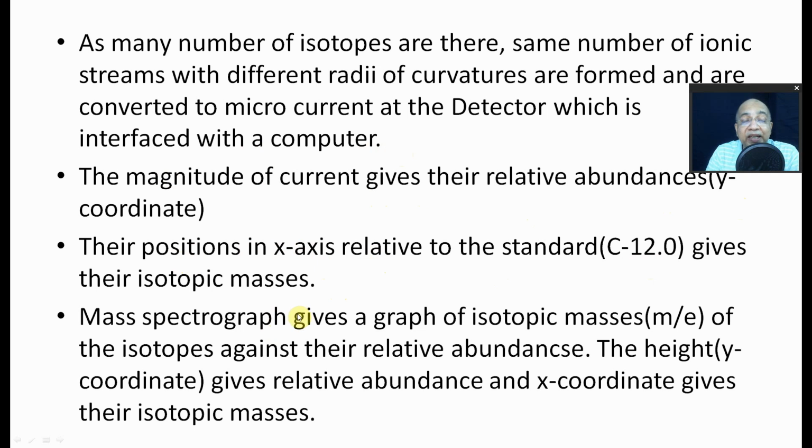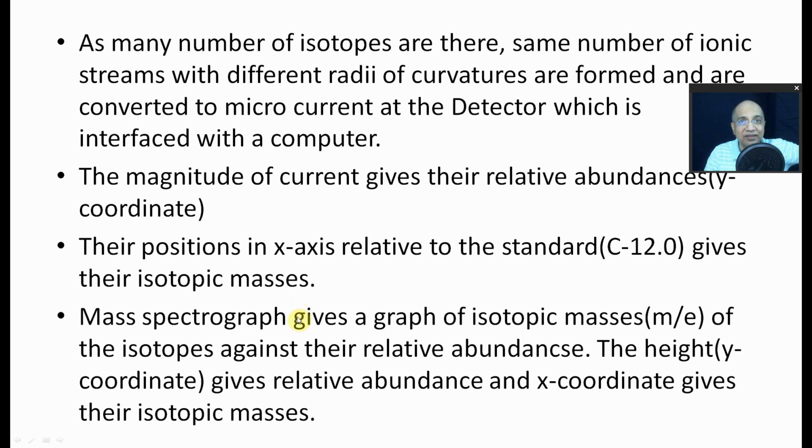The x-coordinate, the placement of that line, that graph just looks like a vertical line. And the position of the line along the x-axis gives you the mass of that particular isotope, correct up to several places of decimal.